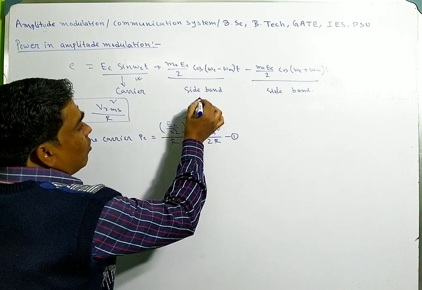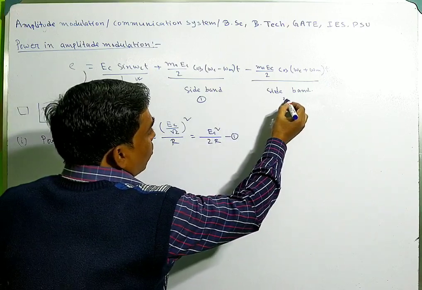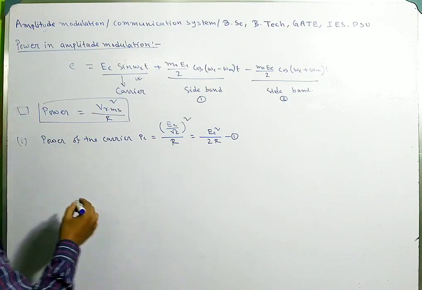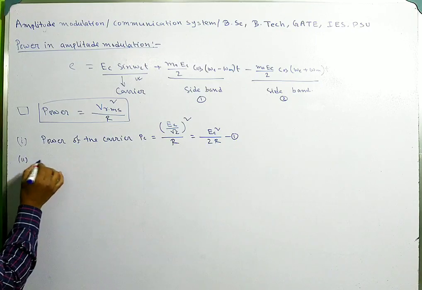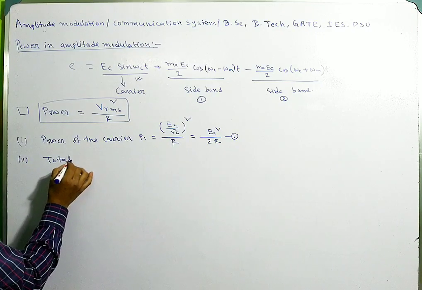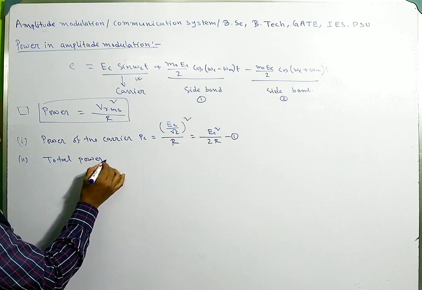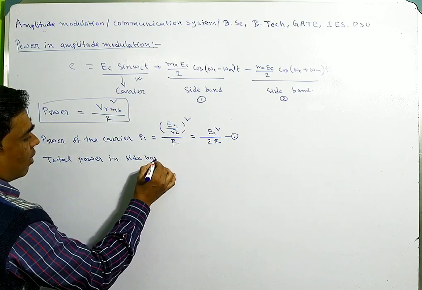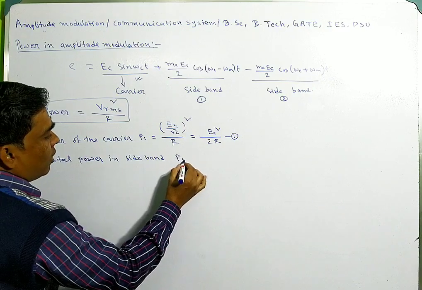Now this is one sideband and this is another sideband. Number 2 is the total power in the sidebands, written as PSB.